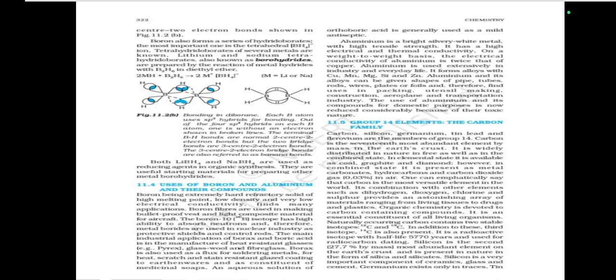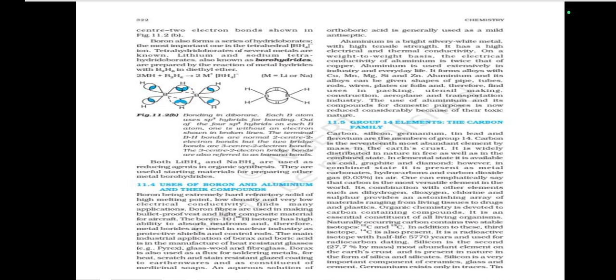Organic chemistry is devoted to carbon containing compounds. It is an essential constituent of all living organisms. Naturally occurring carbon contains two stable isotopes, C12 and C13. In addition to this, a third isotope, C14, is also present. It is a radioactive isotope with a half-life of 5,770 years and is used for radiocarbon dating.